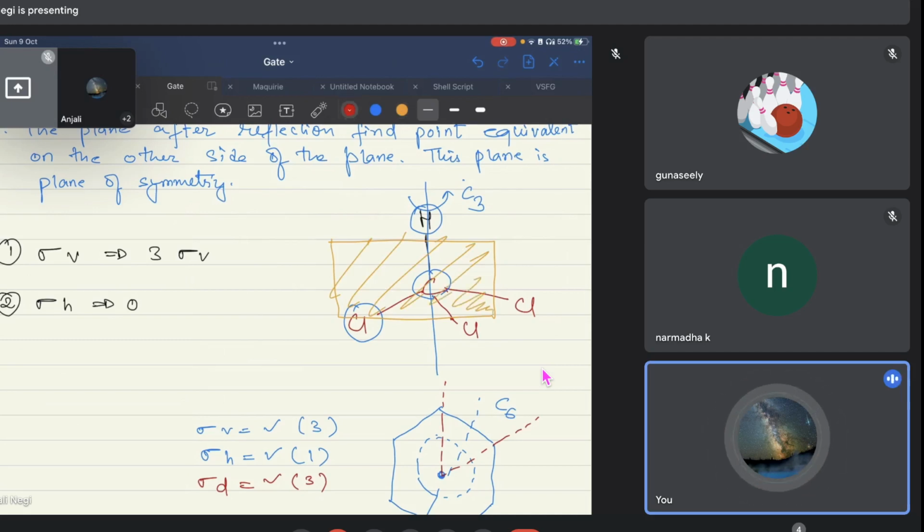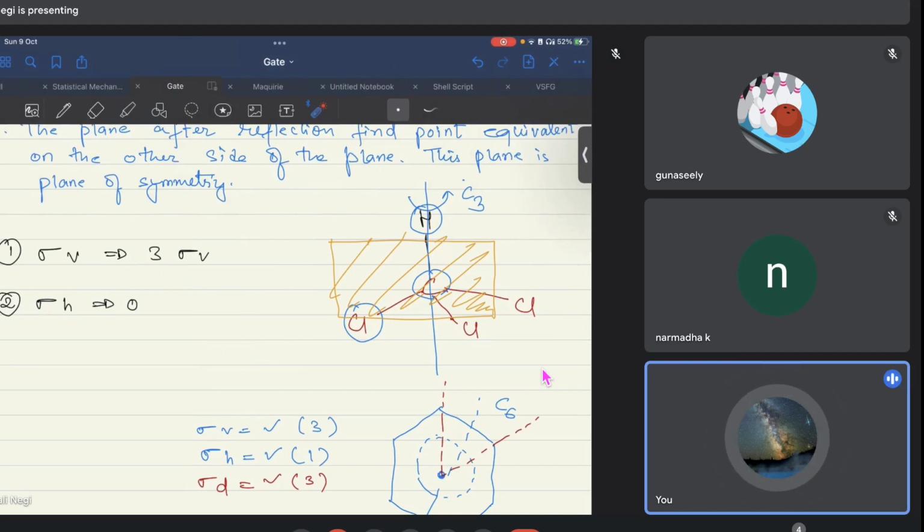The two points which are reflecting are this Cl and this Cl, okay. And this sigma v will be, so 1 2 3, either these three atoms in one plane, so that will be one sigma v, and another 1 2 3, so these three in one, and 1 2 3, these three in one, so in total we will have 3 sigma v mirror planes present in this particular molecule.